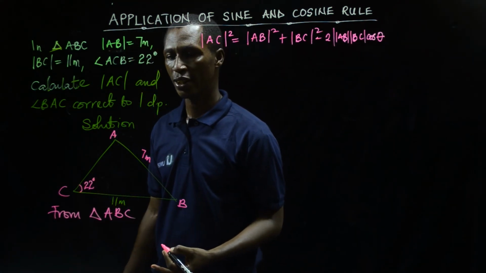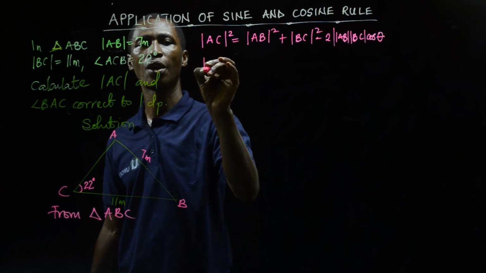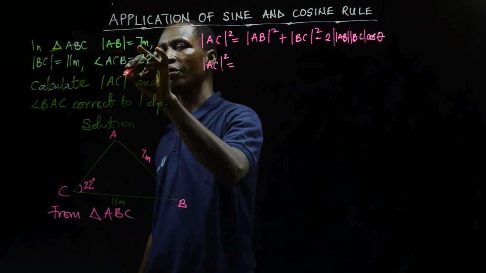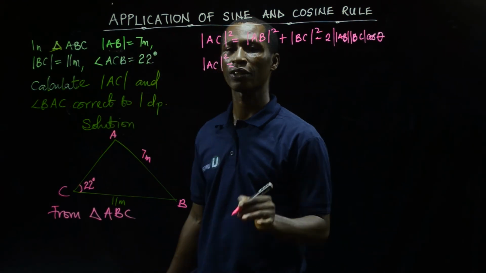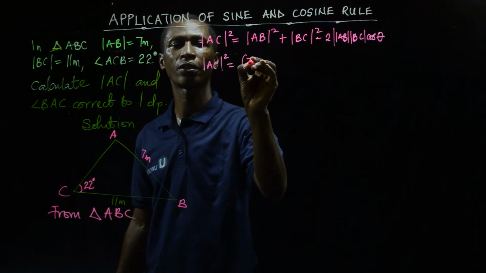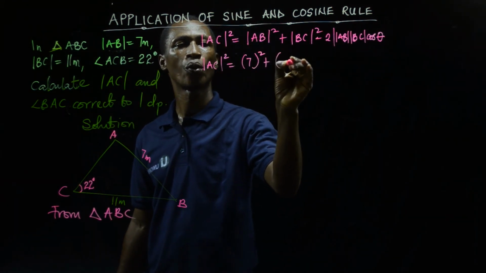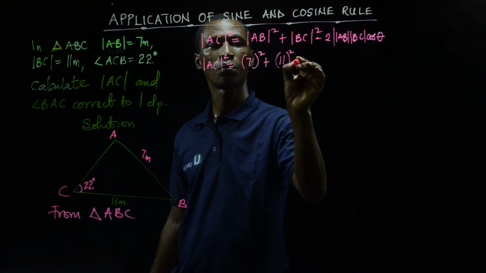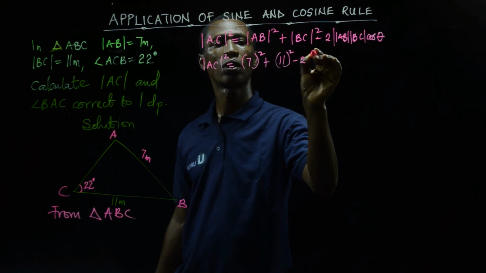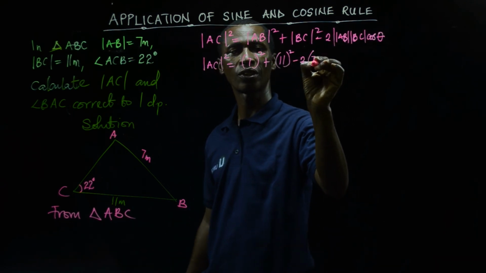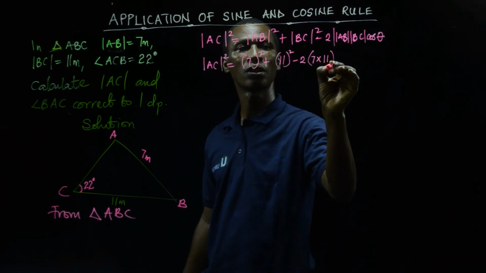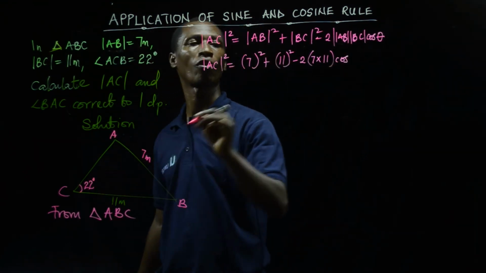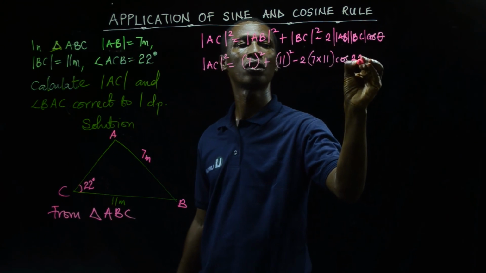We don't know AC, so we have AC squared equals 7 squared, plus 11 squared, minus 2 times 7 times 11 times cos 22 degrees.